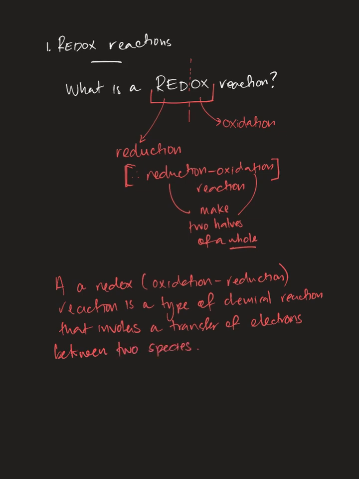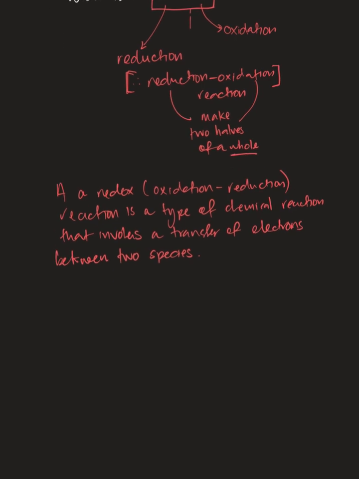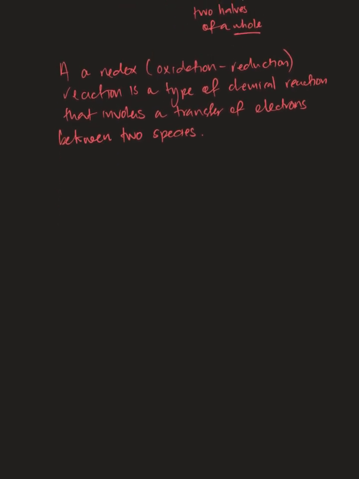So a redox or oxidation reduction reaction is a type of chemical reaction that involves the transfer of electrons. Right, between two species. So what do we mean by species?